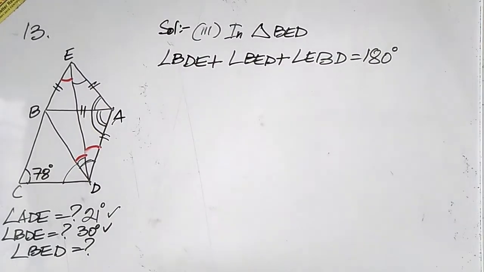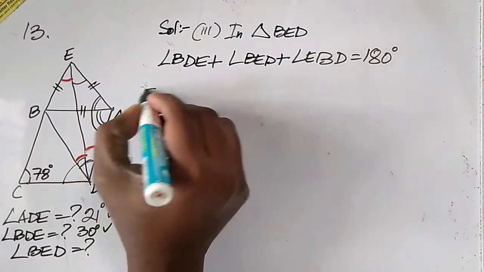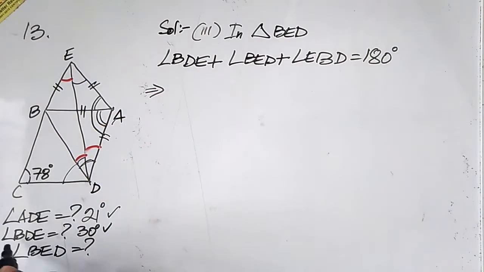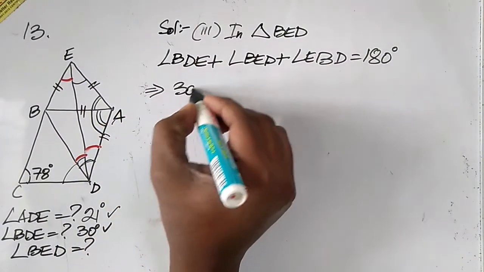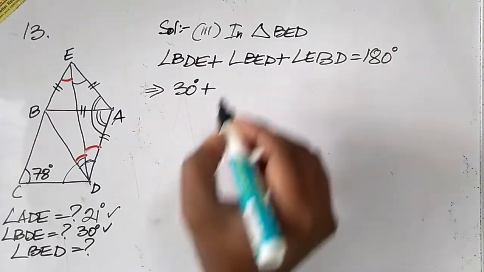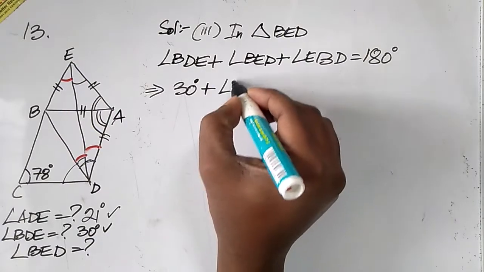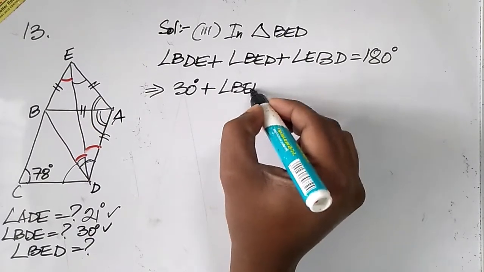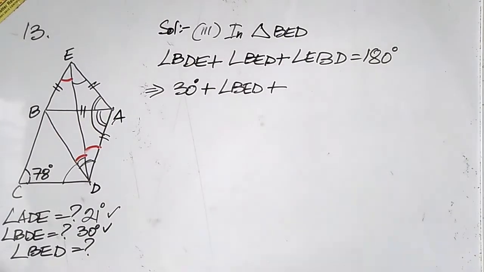It should be 180 degrees. Right? Do we have the value of any of the angles here? Yeah, we have BDE, that is 30 degrees. So let us just replace it. We know the value of BDE, 30 degrees, plus angle BED. We don't know the value of that, right? So that's the reason why we are just writing angle BED.